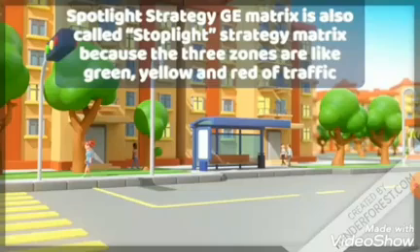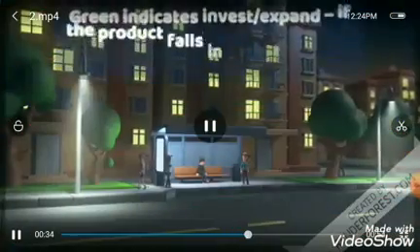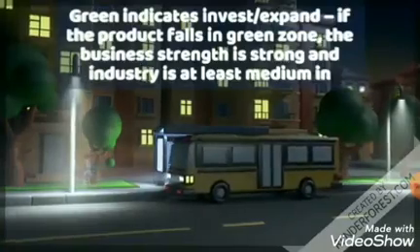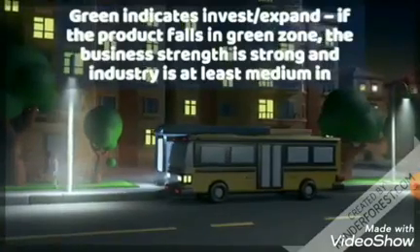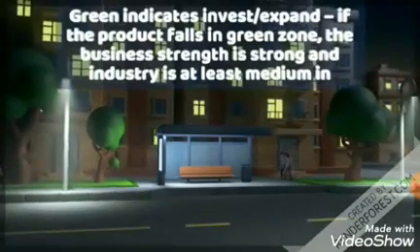If the product falls under the red zone, the business strength is average or weak and the market attractiveness is very, very low, and the strategy should be to divest or remove. It's the only other option. That is what is indicated here: green indicates invest or expand.